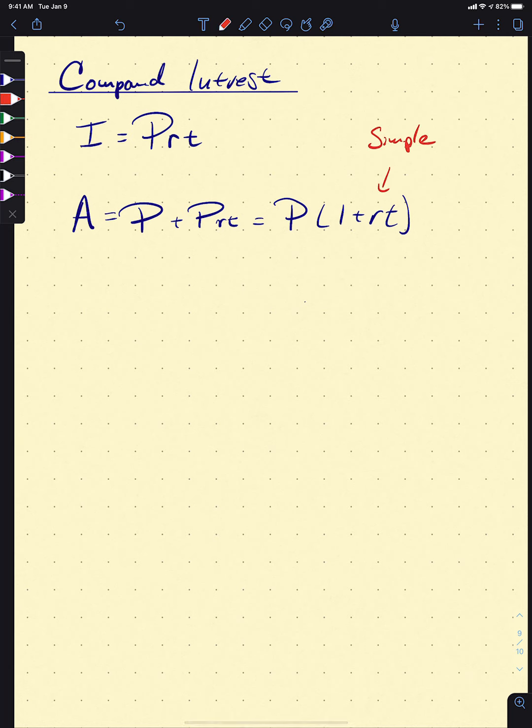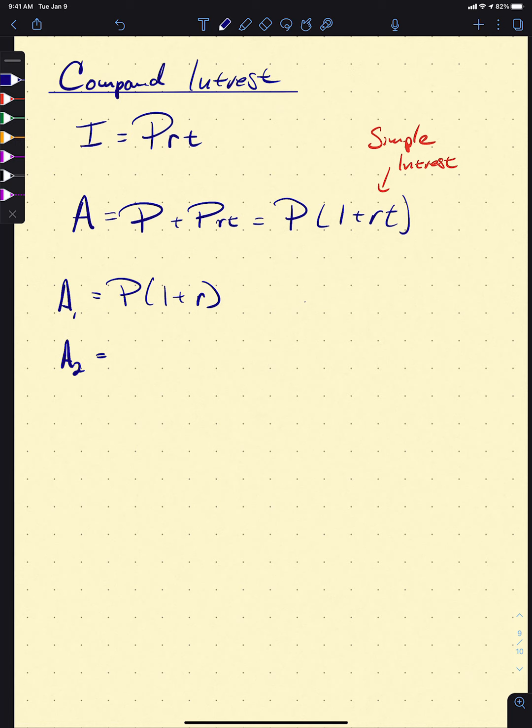Okay, and so this is often called the simple interest formula. But if we begin to compound, things get a bit more interesting. What happens after 1 year? Say we call that A1. Well, in that case, t is equal to 1, and then we can just follow P times 1 plus R, which makes sense. But then what happens the second year?